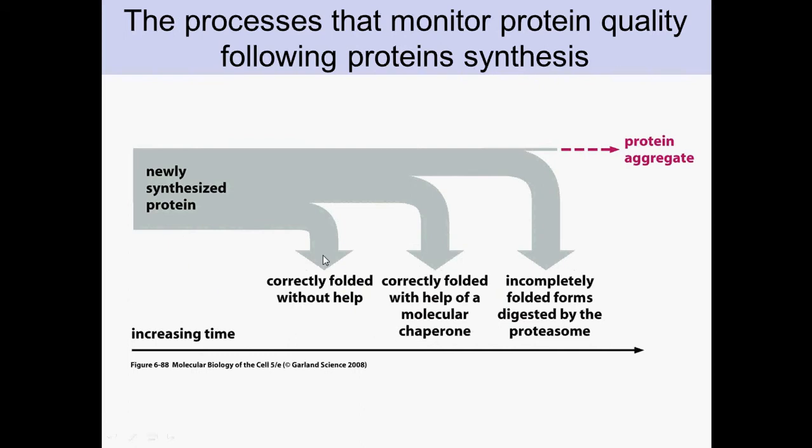And then there are four different things that can happen with proteins once they're synthesized. They can fold correctly without any help, or they can fold correctly with the help of a molecular chaperone.